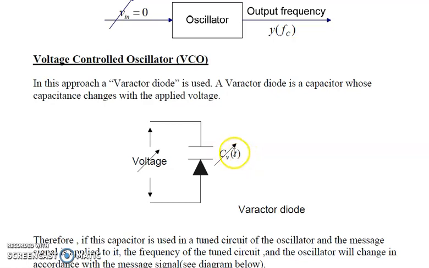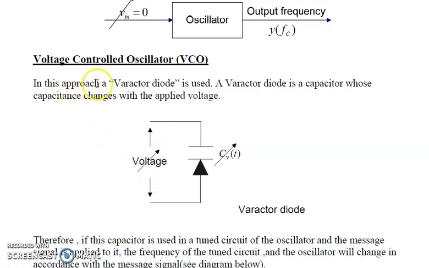This arrow mark should lie above the capacitor symbol, and here you put the symbol of a variable voltage source.